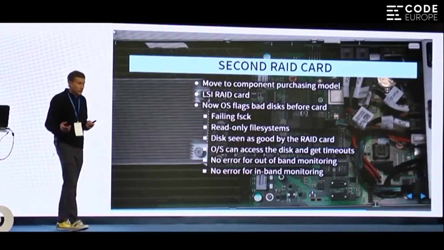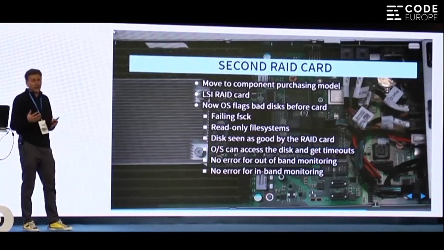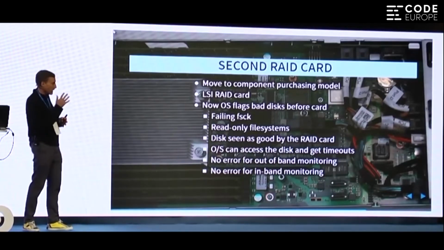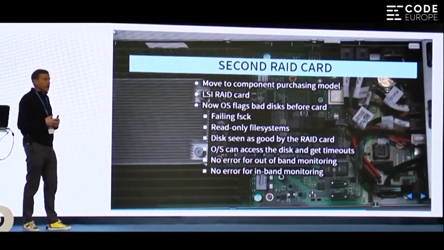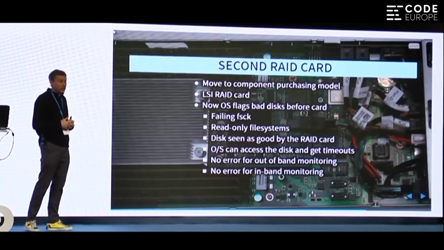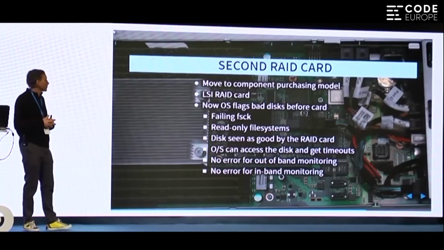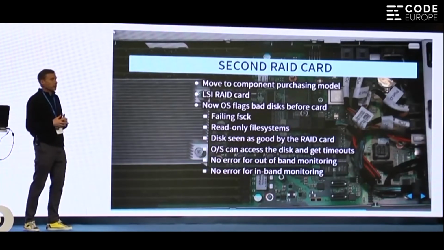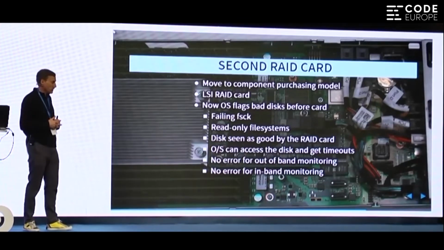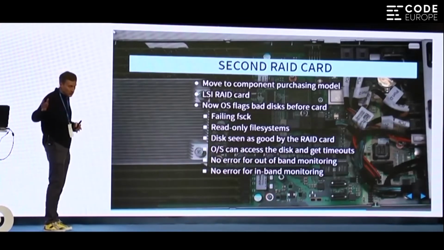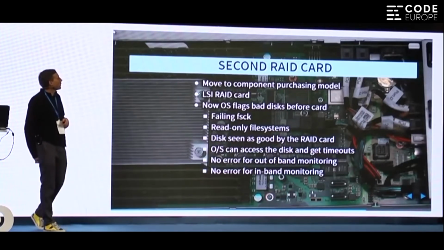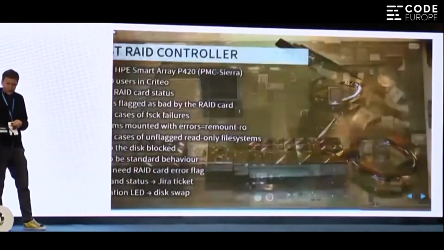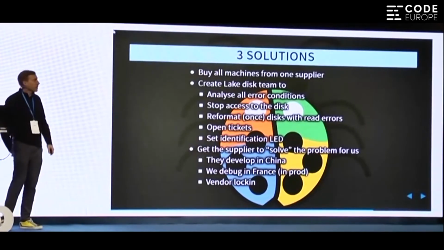So this means that we're getting timeouts because the OS and the services running on the machine are trying to access a disk that has errors. There's no error for the out-of-band monitoring to see, so we're not getting alerts saying that the disk should be changed. There's no LED on the back of the machine to say that the disk is dead, so the maintenance people can come past and change the right disk. And so this is a new major problem which we're now trying to deal with.